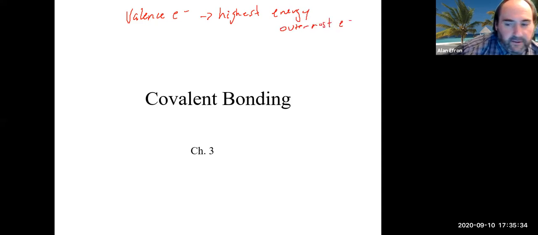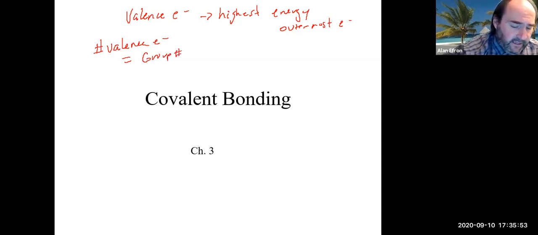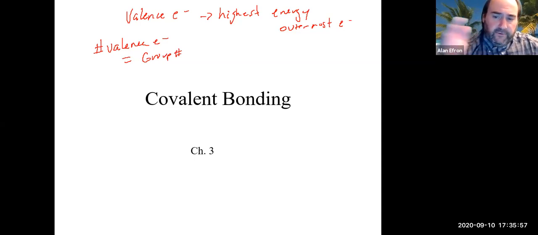And again, you could figure out the valence electrons by writing the electron configuration, or probably the easier way is, again, that the number of valence electrons equals the group number. So everybody in group 1 has 1 valence electron, everybody in group 2, 2, and so forth, all the way across there. And we're talking about really the representative groups, 1 through 8, that we normally talk about.